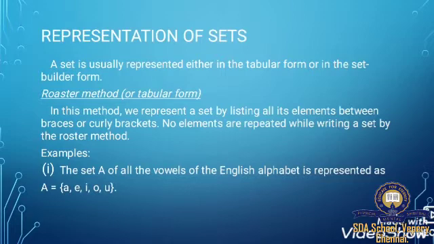No elements are repeated while writing a set in roster form. For example, the set A of all the vowels of the English alphabet is represented as A = {a, e, i, o, u}.